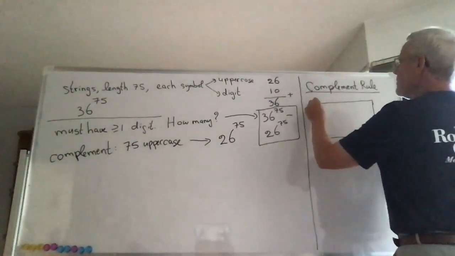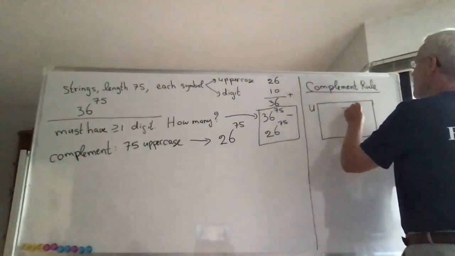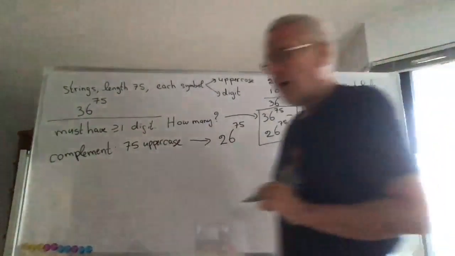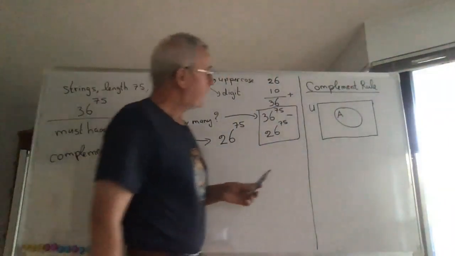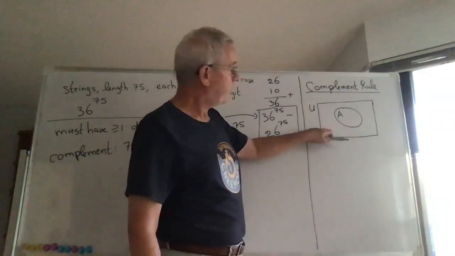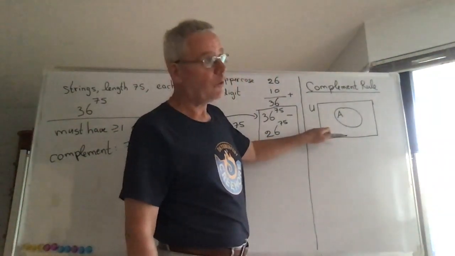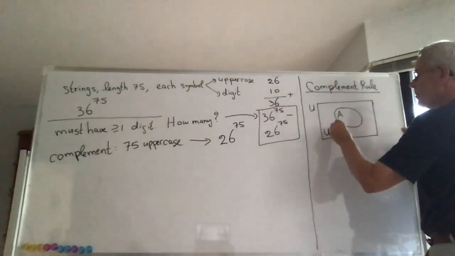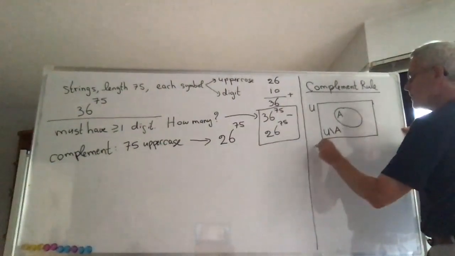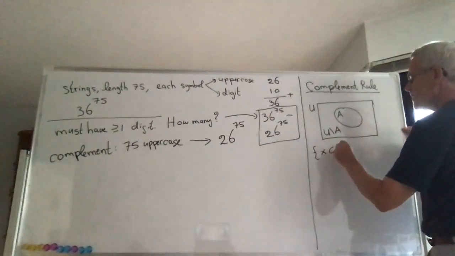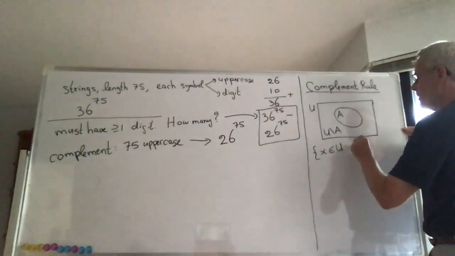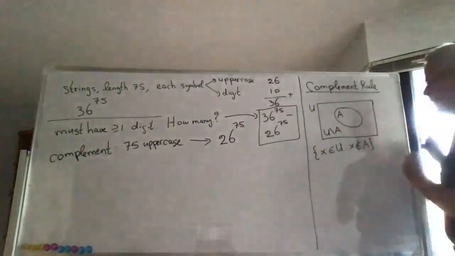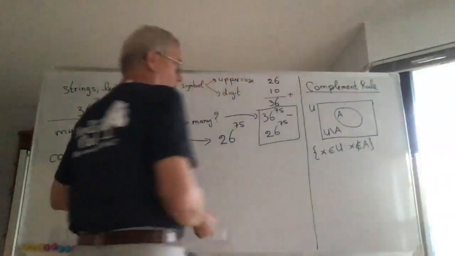Here we have a set U, and here we have a set A. And so these are elements that are in U, but not in A. That I'm going to write as U minus A. This is the set of all elements X in U that are not in A. So this is the complement of A.